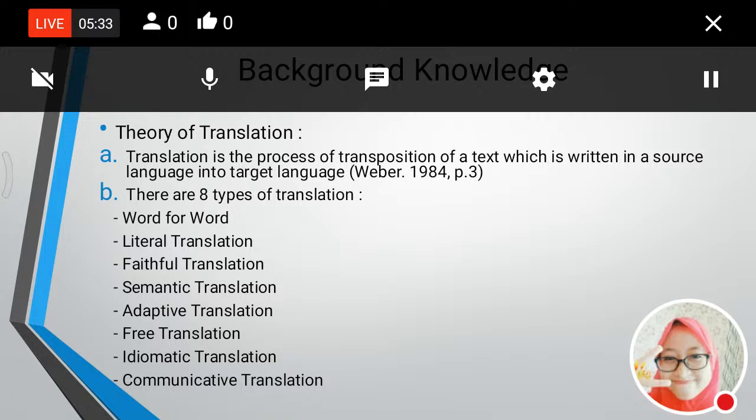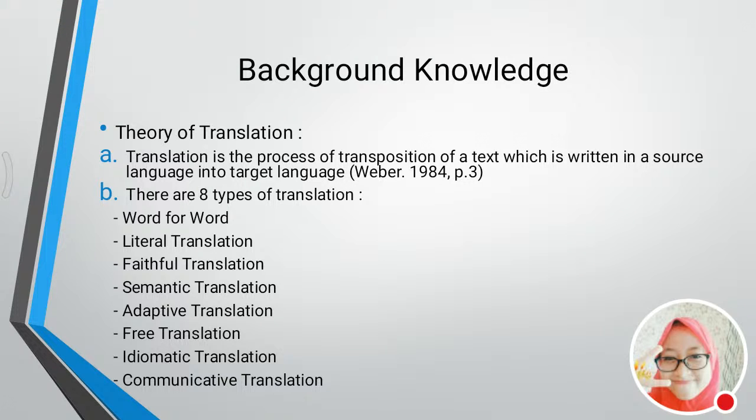And then free translation is reproducing the matter without the manner, or the content without the form of the original. Usually, it is a paraphrase much longer than the original.